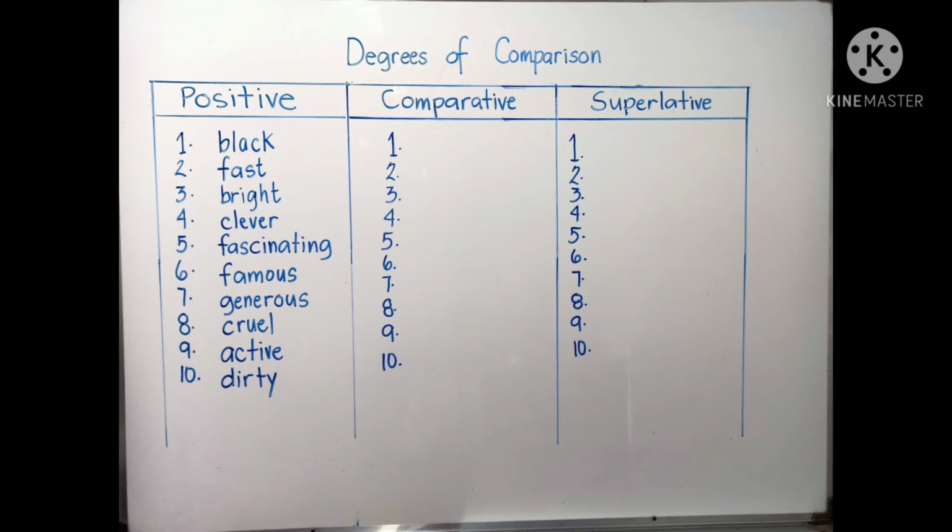Number 1, black. Number 2, fast. Number 3, bright. Number 4, clever. Number 5, fascinating. Number 6, famous. Number 7, generous. Number 8, cruel. Number 9, active. Number 10, dirty.